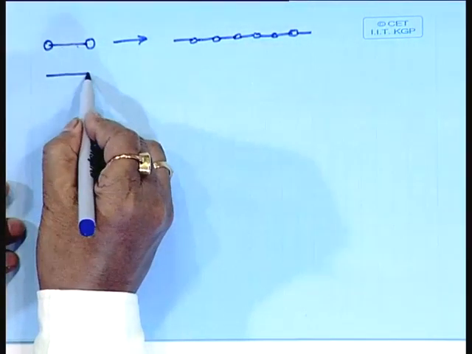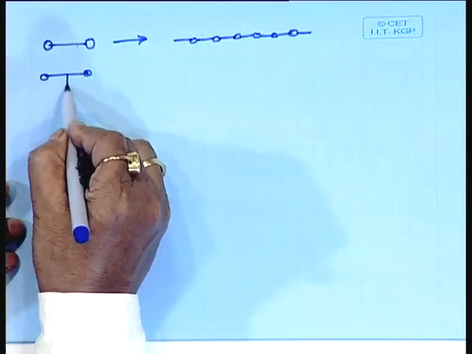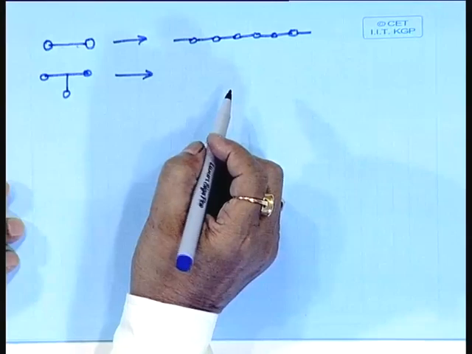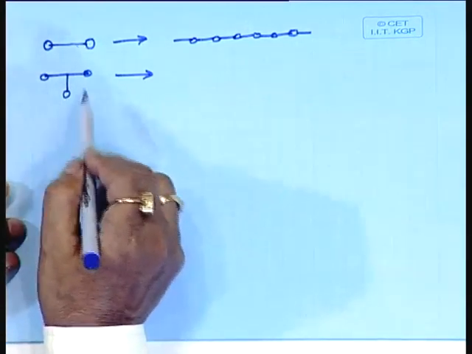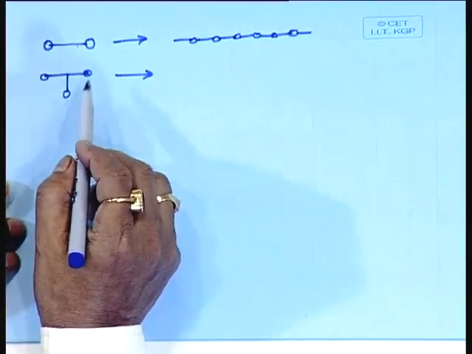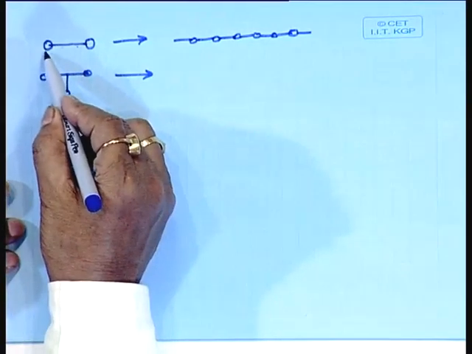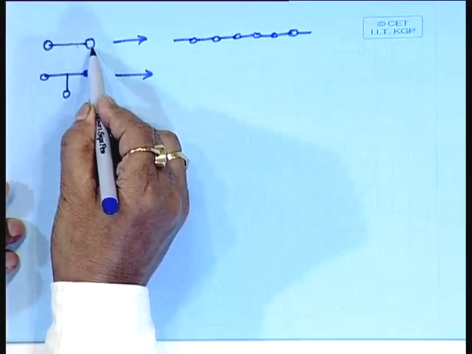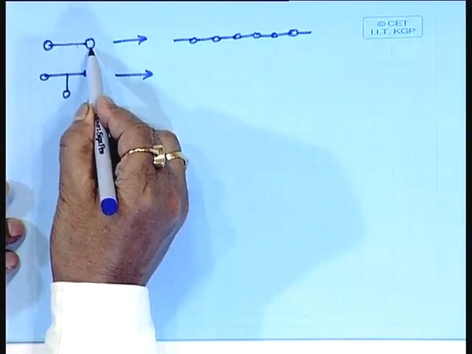Or you can have a molecule like this, all reactive. Of course, the nature of this functional group is different from the nature of this functional group, otherwise it cannot react.